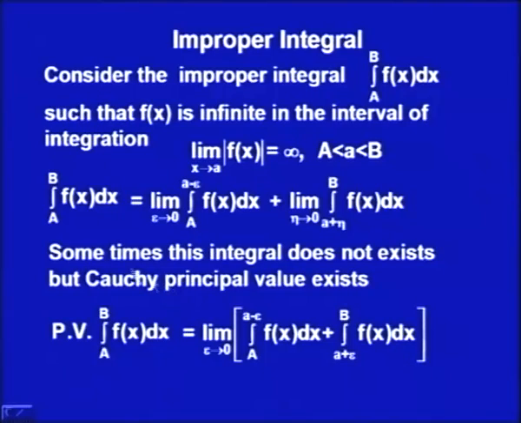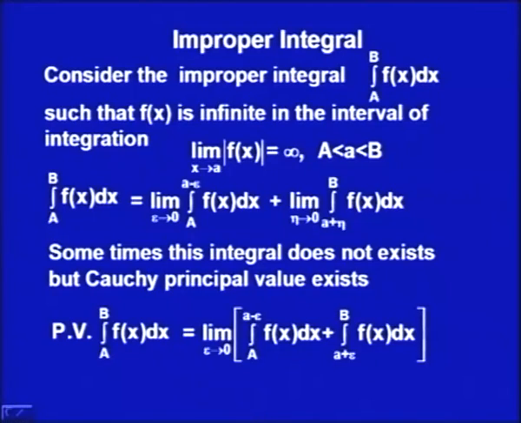When the integral exists, this Cauchy principal value would be equal to the value of the integral, but even if the integral does not exist, the Cauchy principal value may exist and be some finite value.